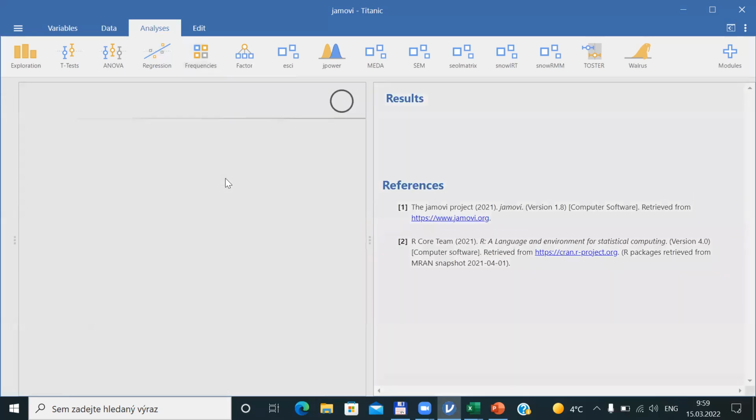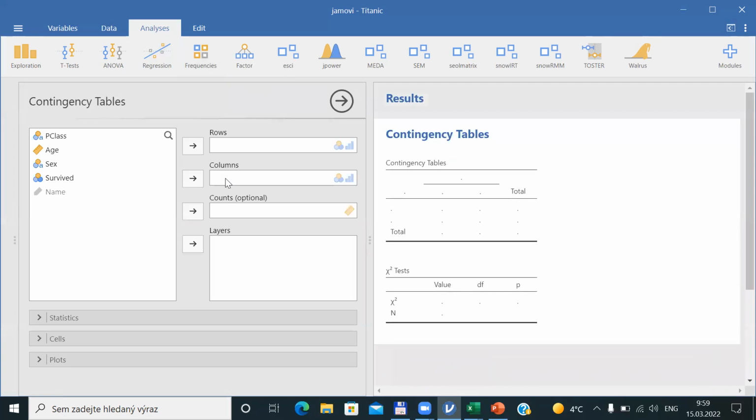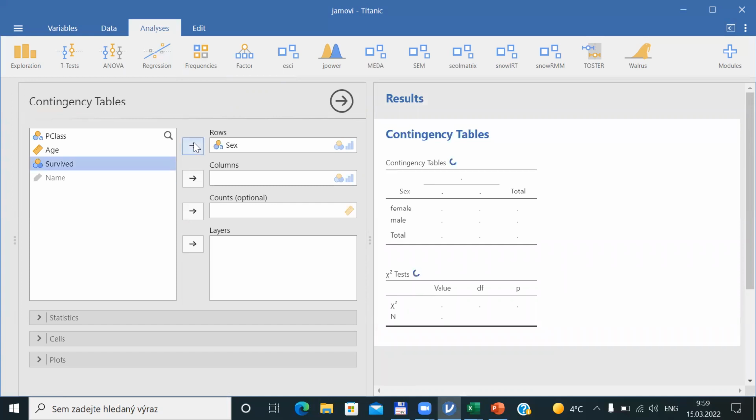So if I click here, I should compute a contingency table, I guess. I will combine in rows sex, and in columns, whether they survived or not. So here we have, I would say, a real contingency table from Titanic data.